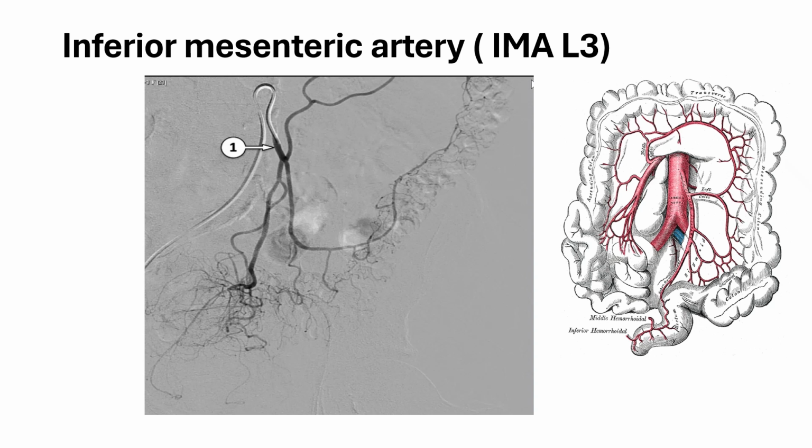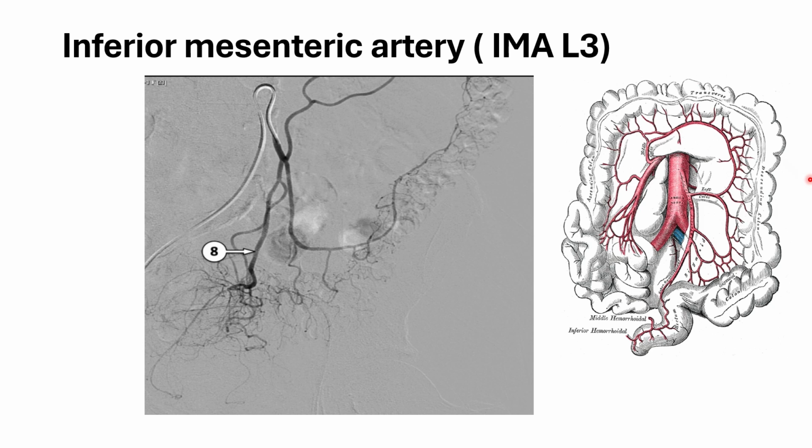Now the third unpaired branch of the abdominal aorta is the inferior mesenteric artery. It arises at the level of the third lumbar vertebra, and it has the branches of left colic artery, inferior branch of left colic artery, superior branch of left colic artery, sigmoid artery, marginal artery of Drummond, accessory sigmoid branch of superior rectal artery and superior rectal artery.